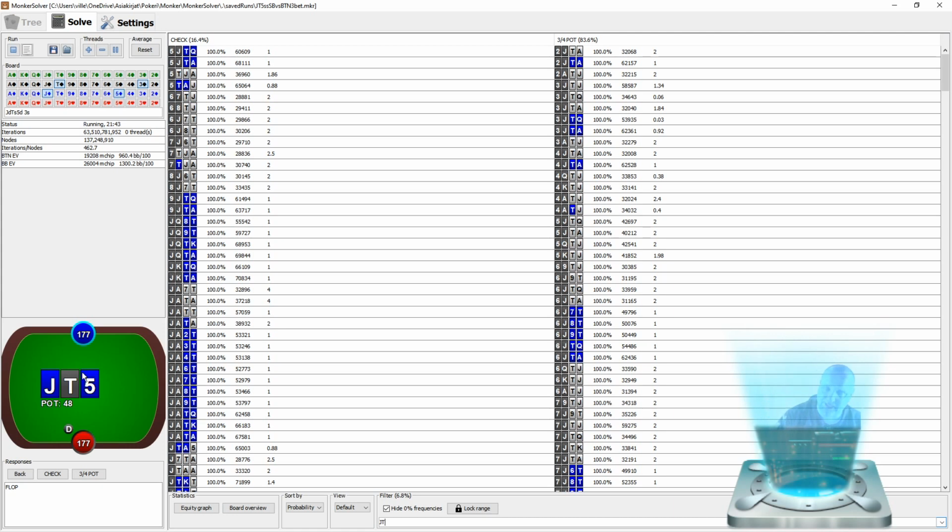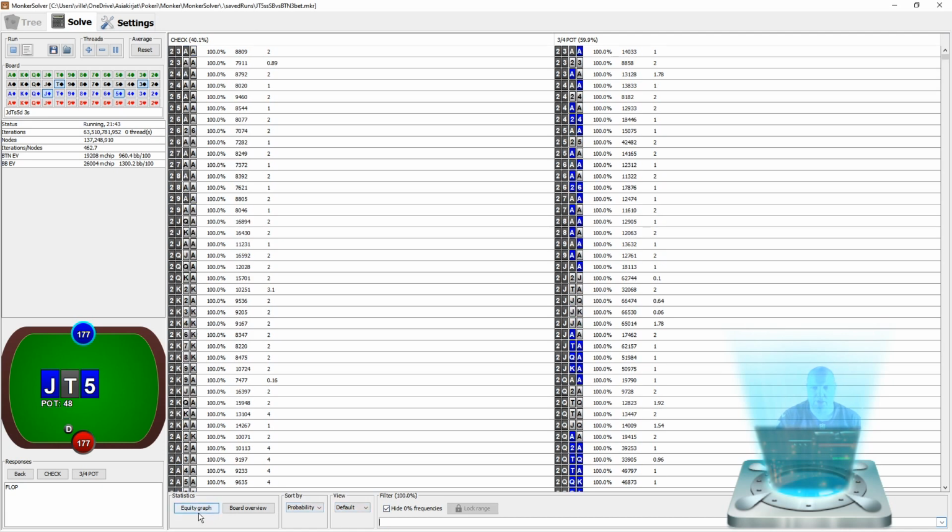Yeah, it's a dynamic board, and the thing is, if we go for the equity graph, why is it so weird? Oh, because we have a Jack 10 there. That's why it was so weird.